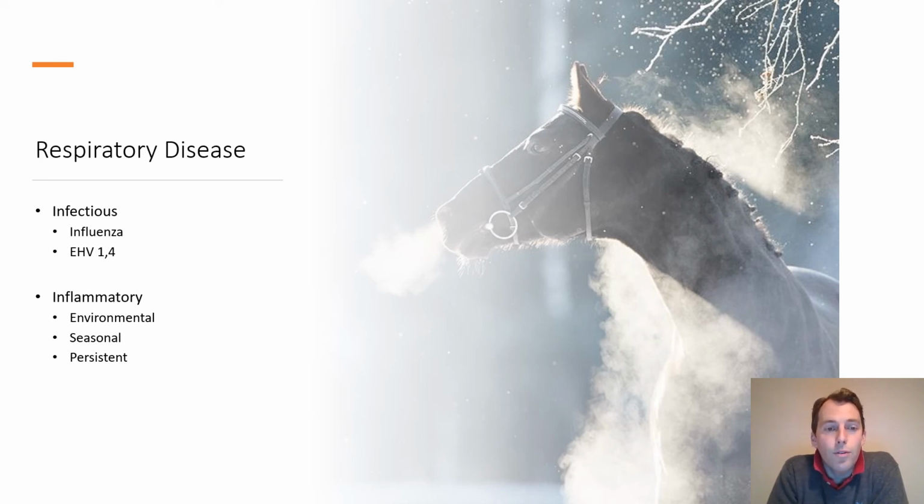Of equal importance in regard to poor performance is the problem of inflammatory airway disease in the horse, also known as equine asthma, and that can be a frustrating problem to have to deal with.